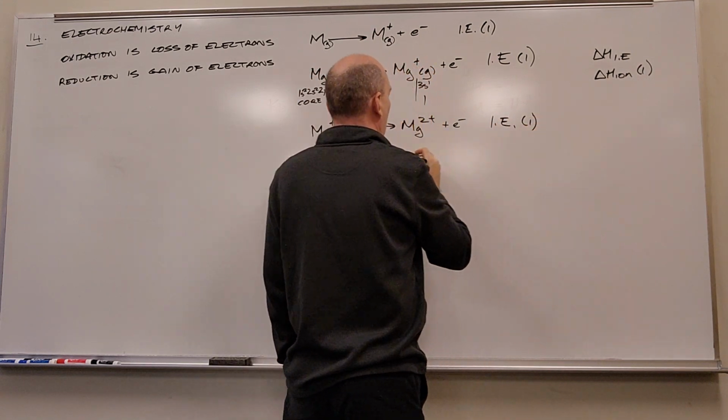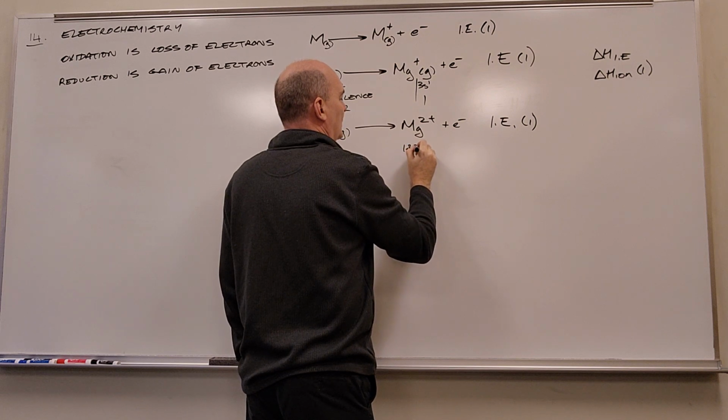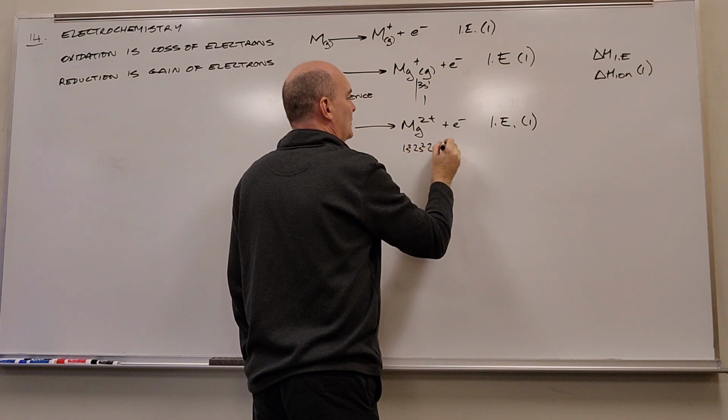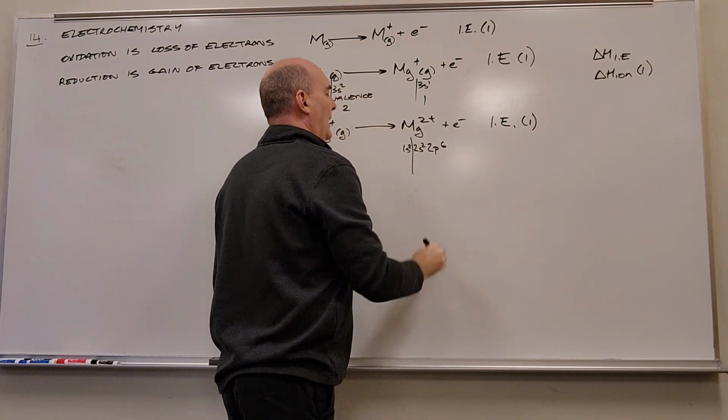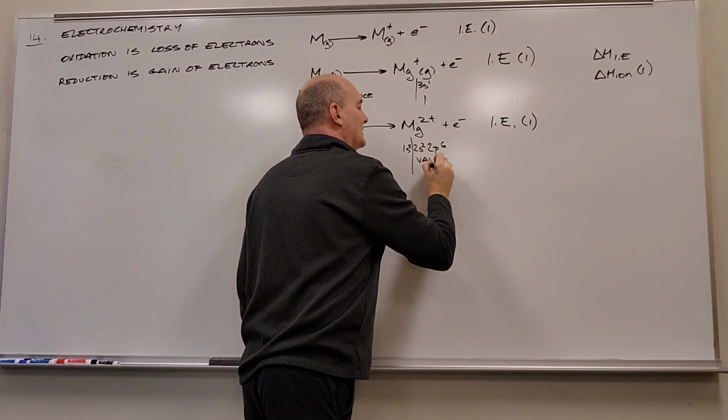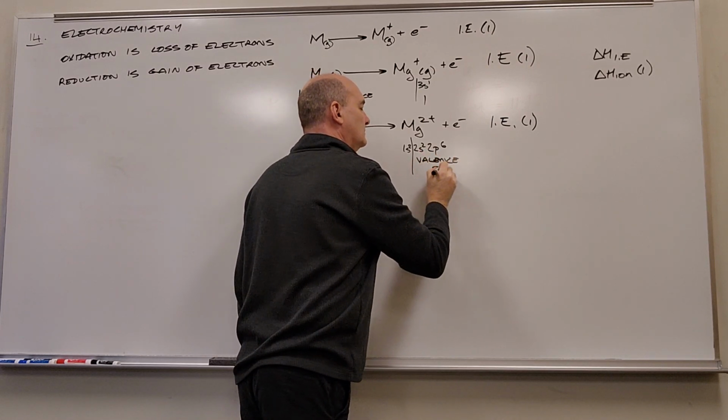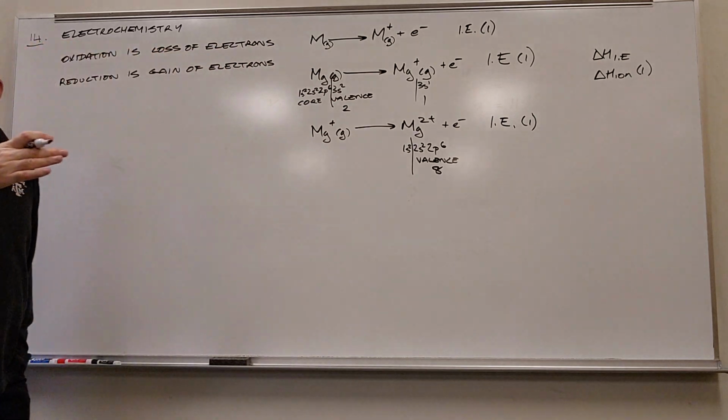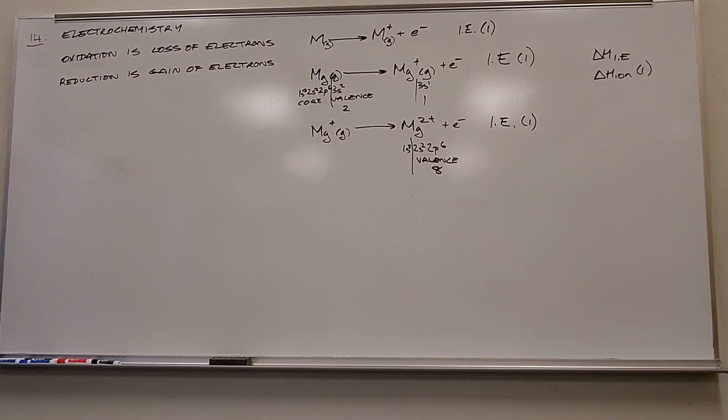And now 1s2, 2s2, 2p6. And there's my valency of 8. Now we stop. Trying to remove a third electron from here is going to be very problematic. Okay. There are 2 consecutive ionizations.